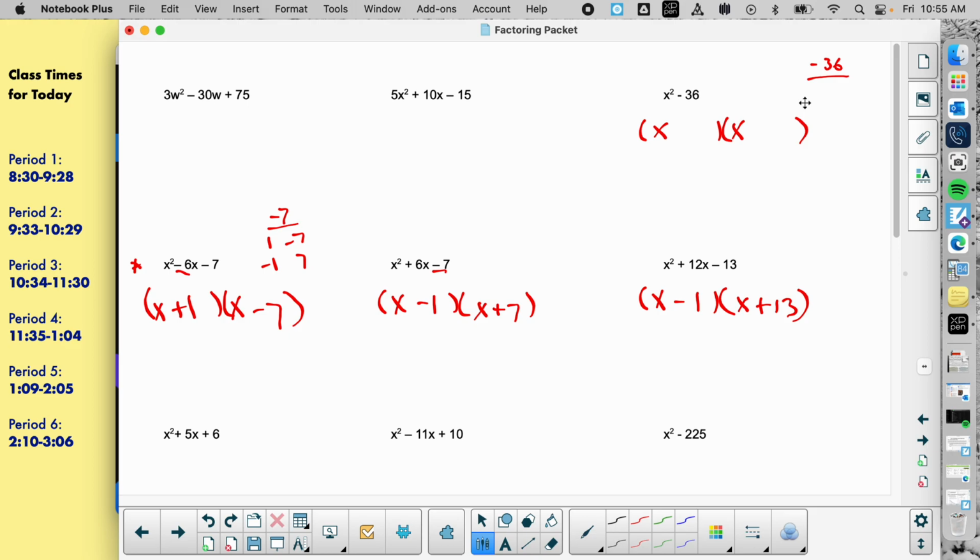They technically call it the square root, but that doesn't matter. 6 and 6. So I'm going to write plus 6 minus 6. Now they multiply to be negative 36, but they add to be 0. Nice job.